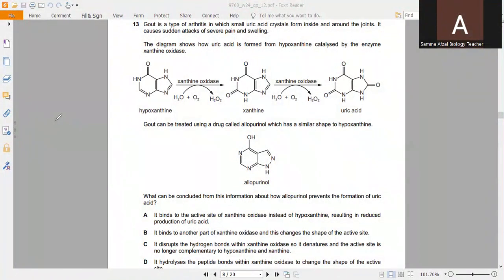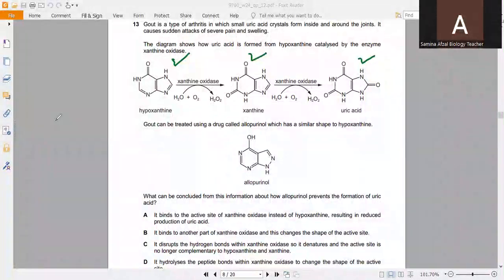And the diagram shows how uric acid is formed from hypoxanthine, catalyzed by the enzyme xanthine oxidase. So here you can see in the equation, hypoxanthine in the presence of xanthine oxidase is changed into xanthine, and xanthine is again changed into uric acid.